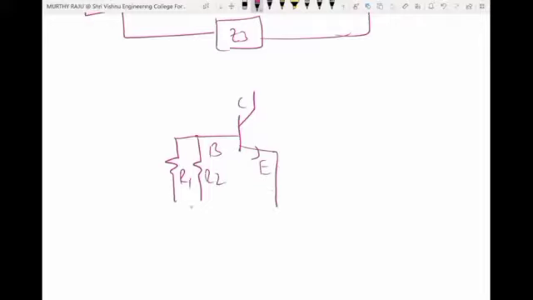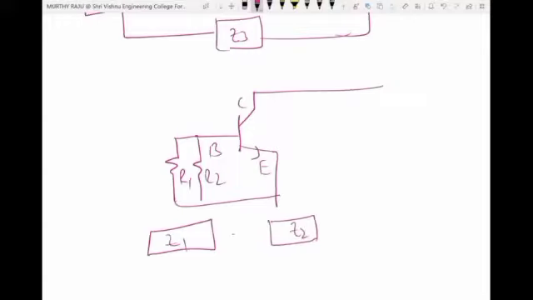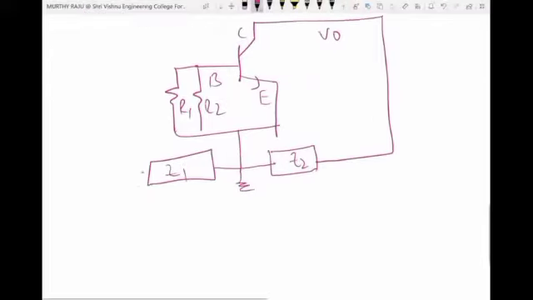RE short circuit is there, RE is equal to 0 here like that. This is the output. Again, this one is Z1, this one is Z2. Output of the amplifier circuit is connected to input to the feedback network. That means tank circuit.